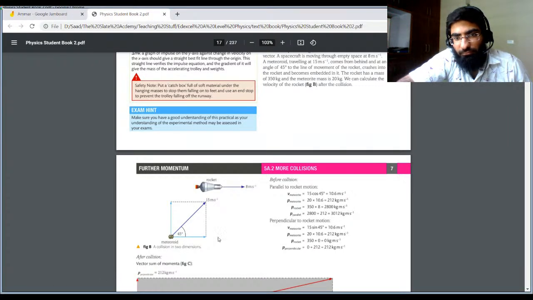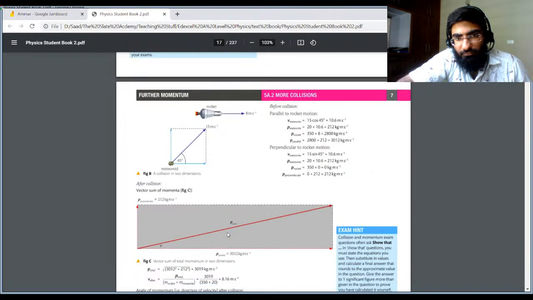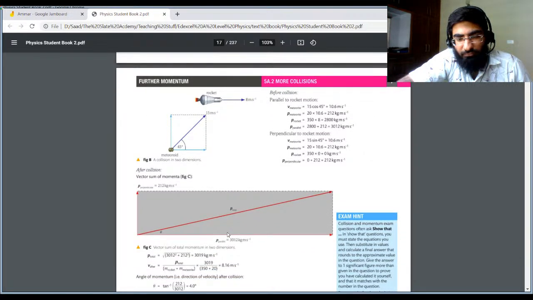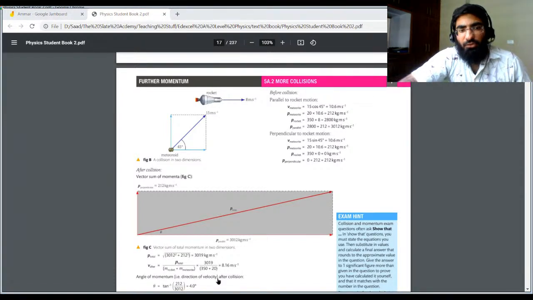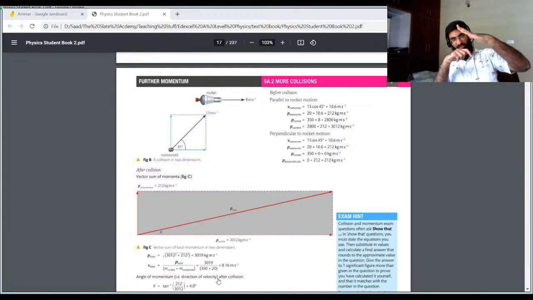But how come P total equals root of this square plus that square? The total momentum after collision, since it's at an angle to the x-axis, you can consider in the form of a right angle triangle. It has a y component and an x component.